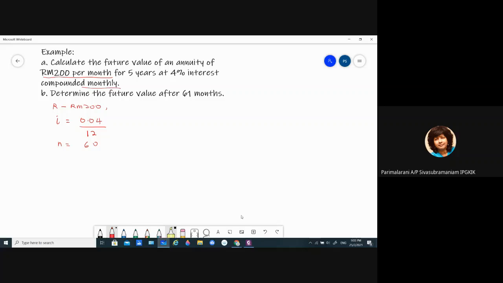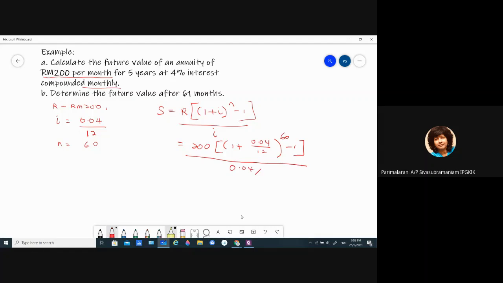So now we can put it into our formula. Our R is 200. 1 plus I, which is 0.04 over 12, to the power of 60, minus 1, over 0.04 over 12. So what do we get?